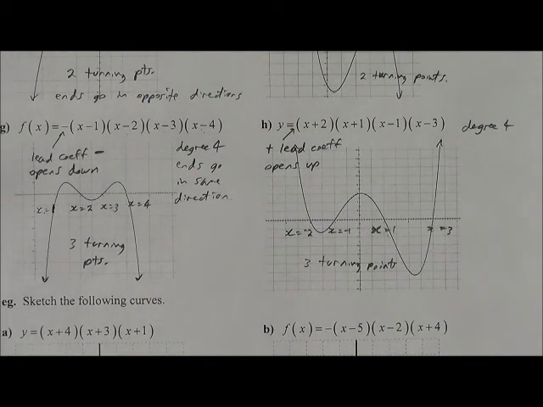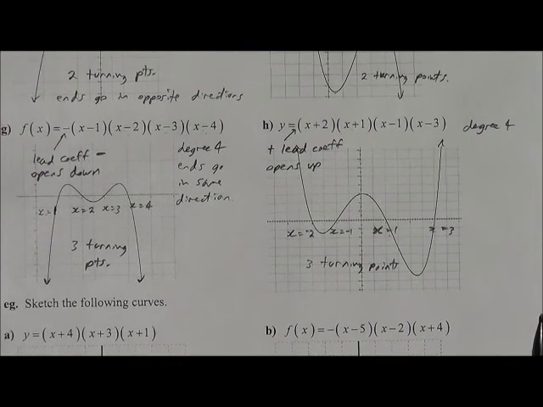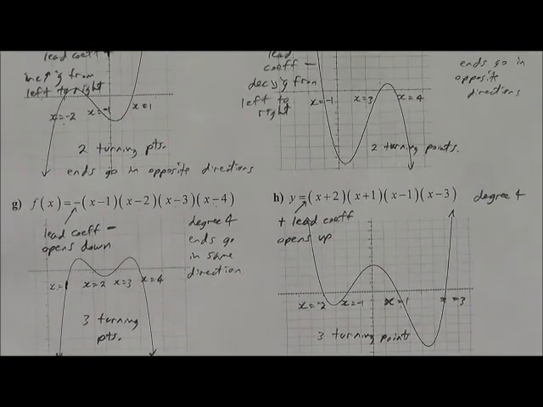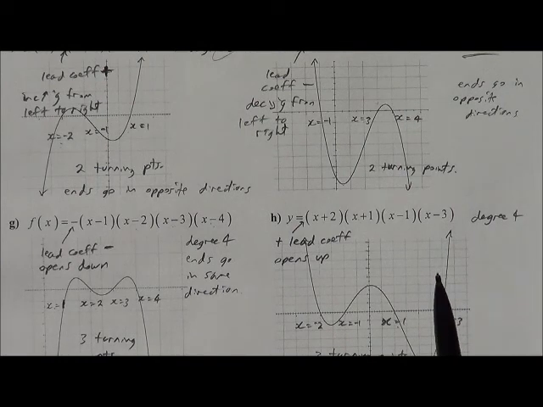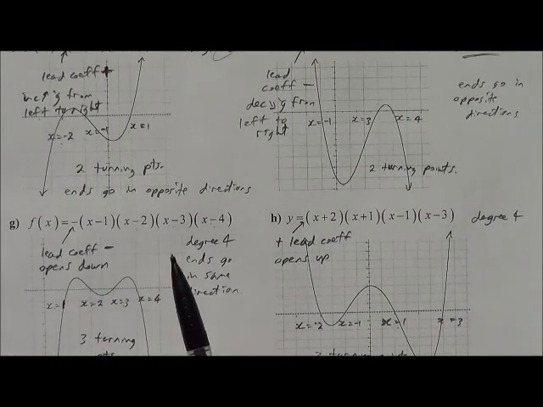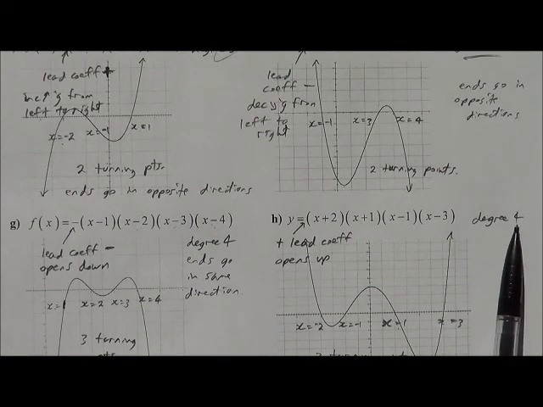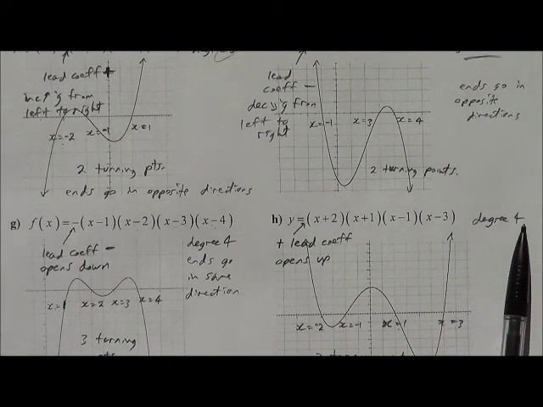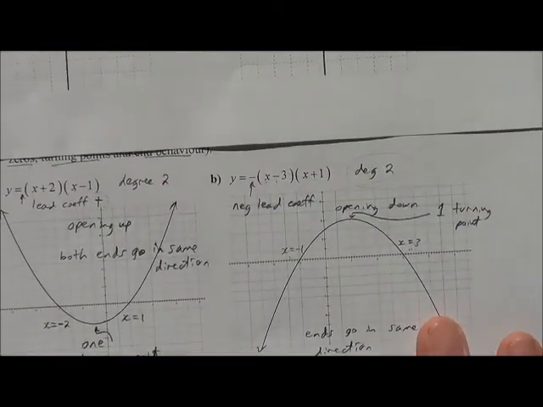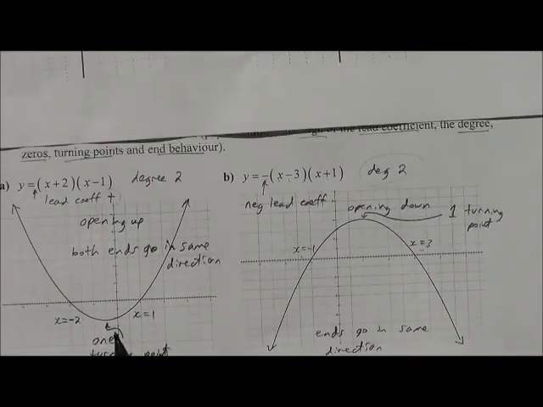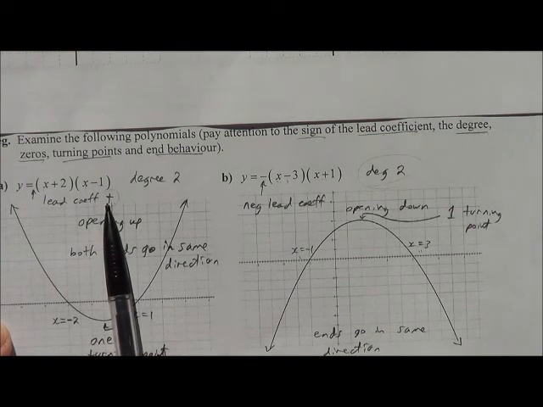Okay, so a couple things to notice when we look through this. First of all, let's take a look at the lead coefficient, and for even degrees, degree 4 or degree 2. So degree 2, when lead coefficient is positive, it opens up.